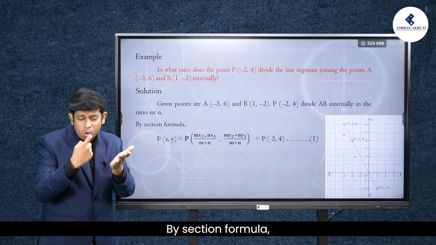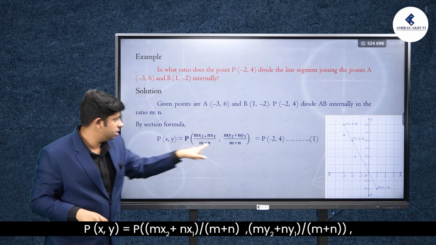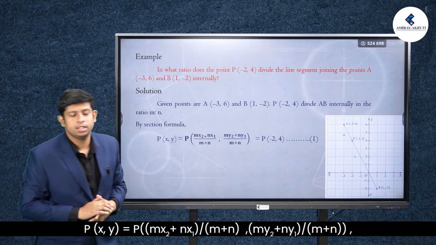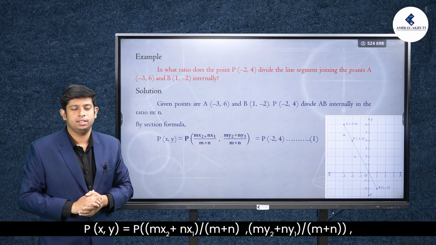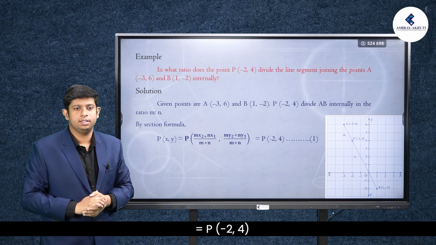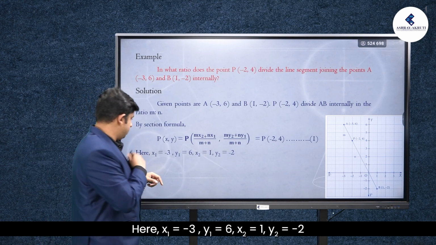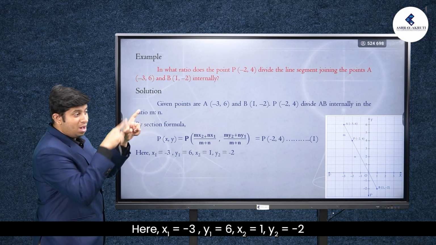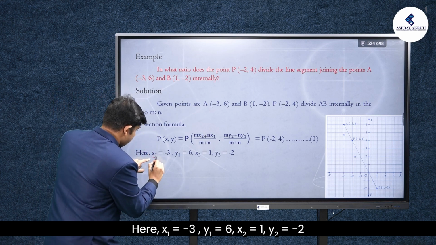By section formula, P of x comma y is equal to P of (mx2 plus nx1) by (m plus n), comma (my2 plus ny1) by (m plus n), is equal to P of minus 2 comma 4. Here x1 is equal to minus 3, y1 is equal to 6, x2 is equal to 1, y2 is equal to minus 2.